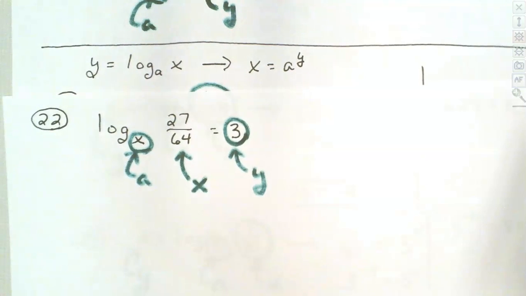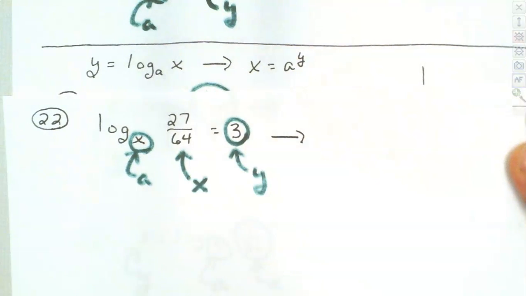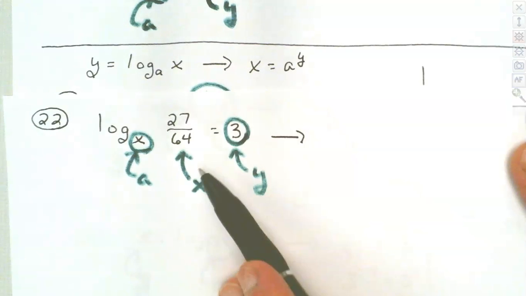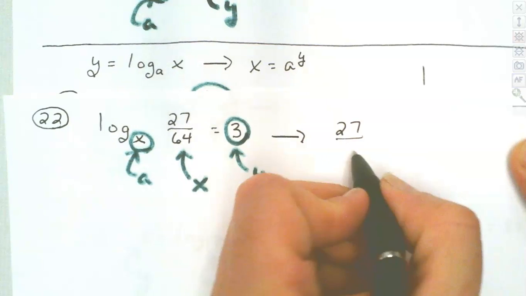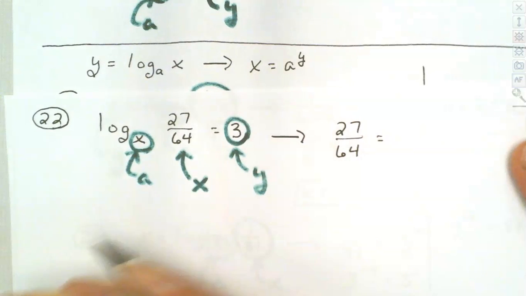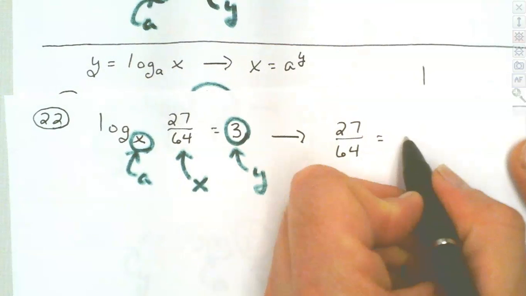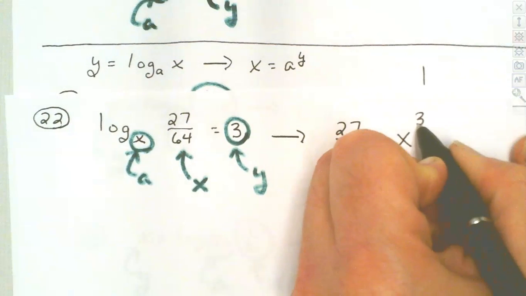When we convert that, we need x, and what's our x? Our x in this case is 27 over 64. That's going to equal a, which is x. And then what's our power? Our power is 3.